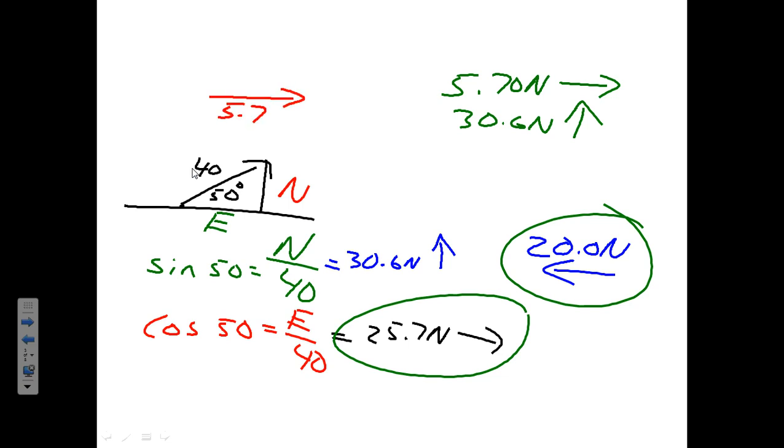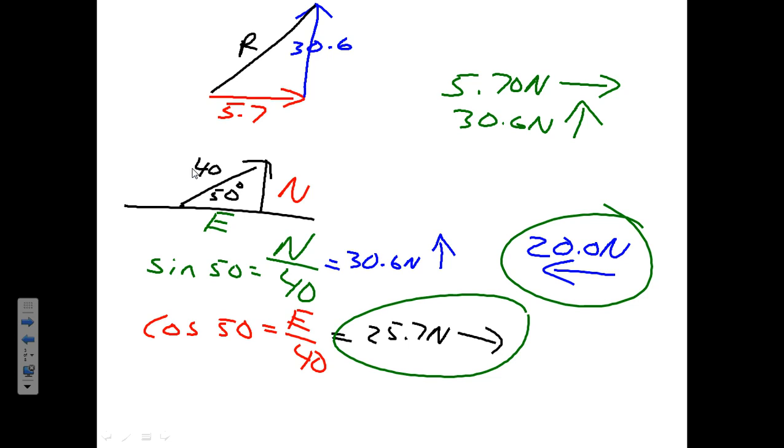So 5.7 going to the east, and then 30.6 going to the north, tip to tail. Then we need to draw in our sum line, which again is called what? A result. Going that way. That's R.